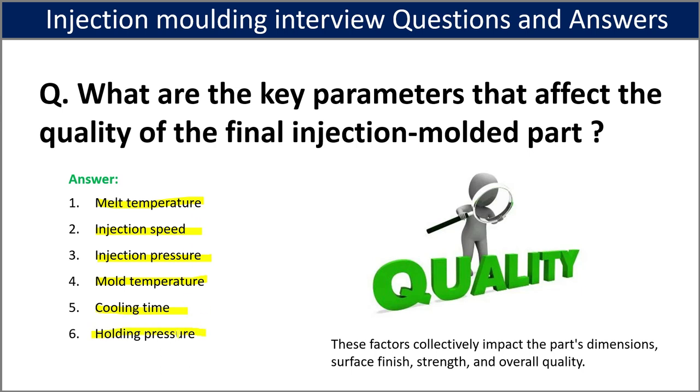These are all parameters that play a very important role in product quality. These factors collectively impact the part dimension, surface finish, strength, and the overall quality.